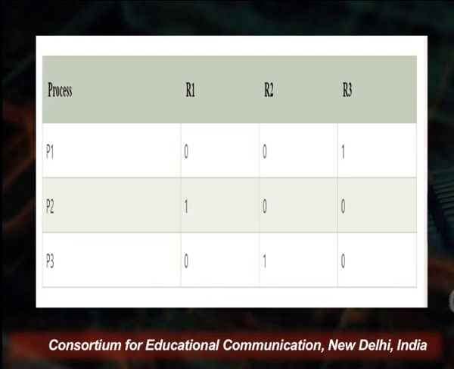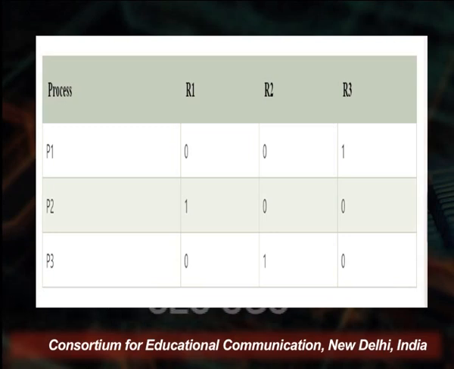If there is a 0 in a cell, that means the process has not been allocated that resource. So here we can read that the resources R1 and R2 are not allocated to P1, while R3, because the cell intersecting P1 and R3 contains the digit 1, is allocated to P1.